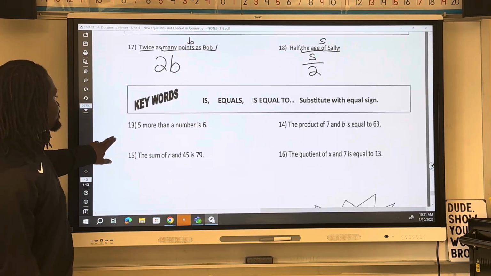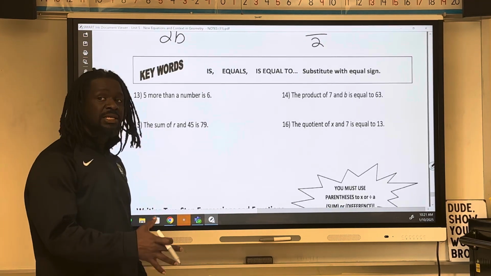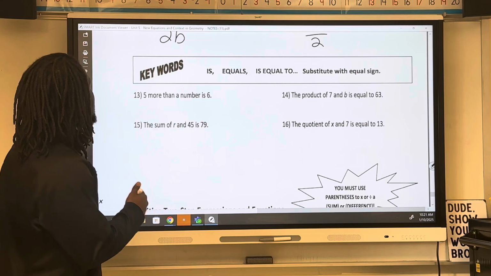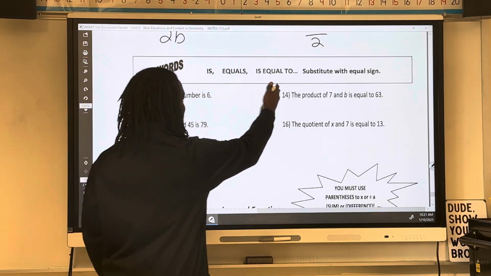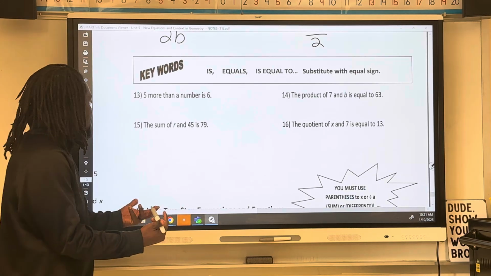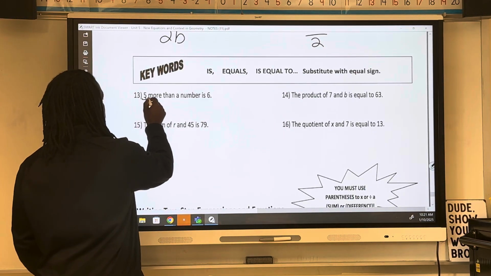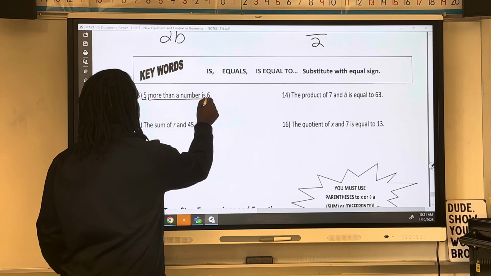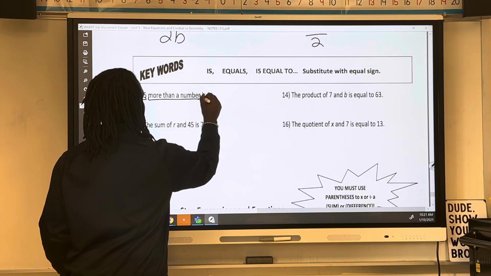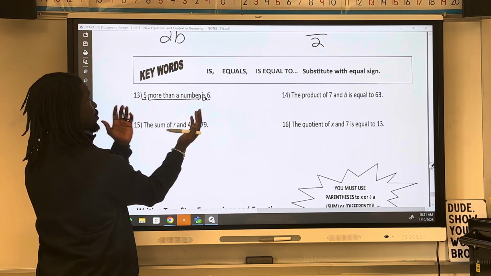All right. The next section is equals. All right. So equals is equals or is equal to. That just means that we got to put the equal sign. All right. So 5 more than a number is 6. Okay, so remember, more than, we got to flip it.